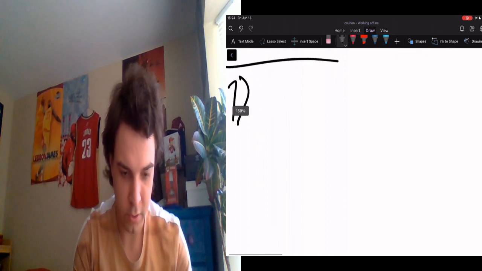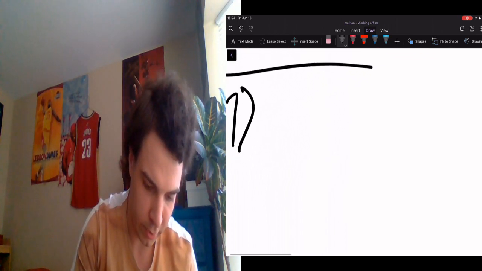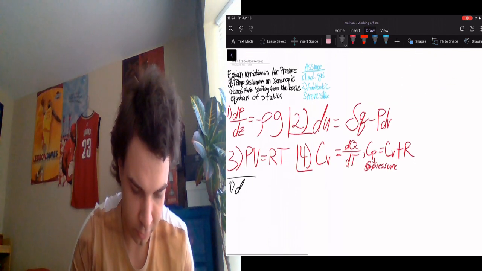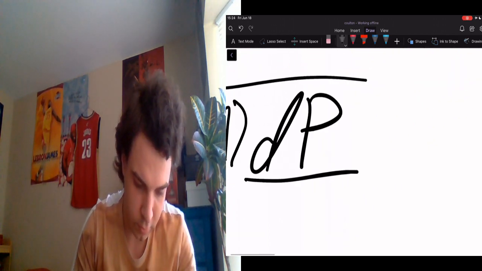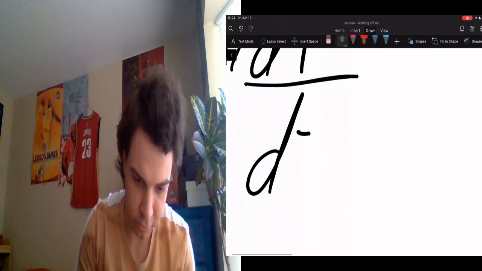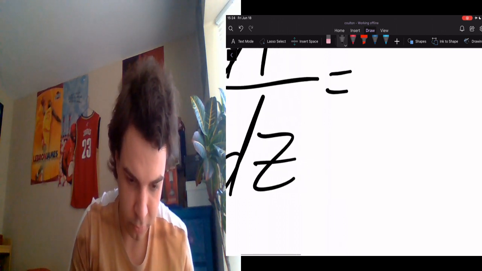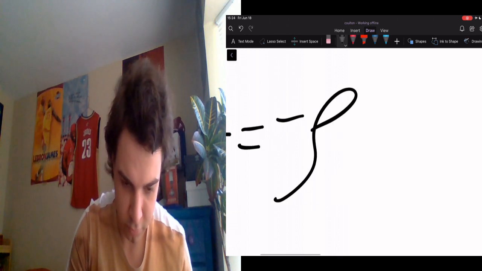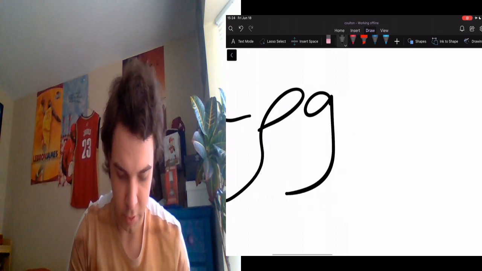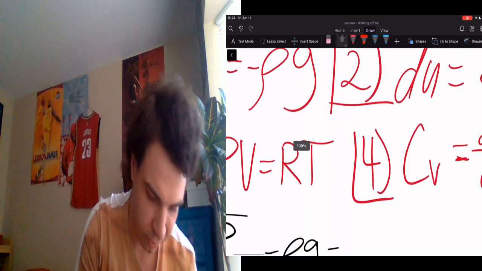So the first kind of steps we're going to take our first equation, dP, change in pressure over change in altitude, equals negative rho g, and we're going to set that equal to our ideal gas law.